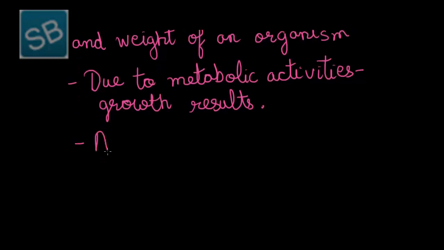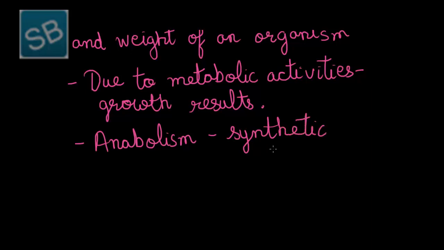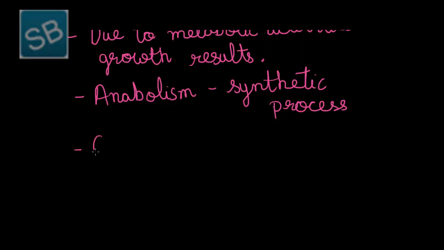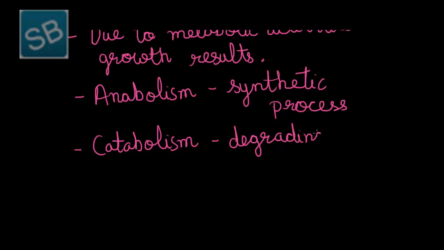As we all know, anabolism is considered a synthetic process, that is, it helps in synthesizing various cells and tissues, while catabolism is considered a degrading process, which together combine to form metabolism.